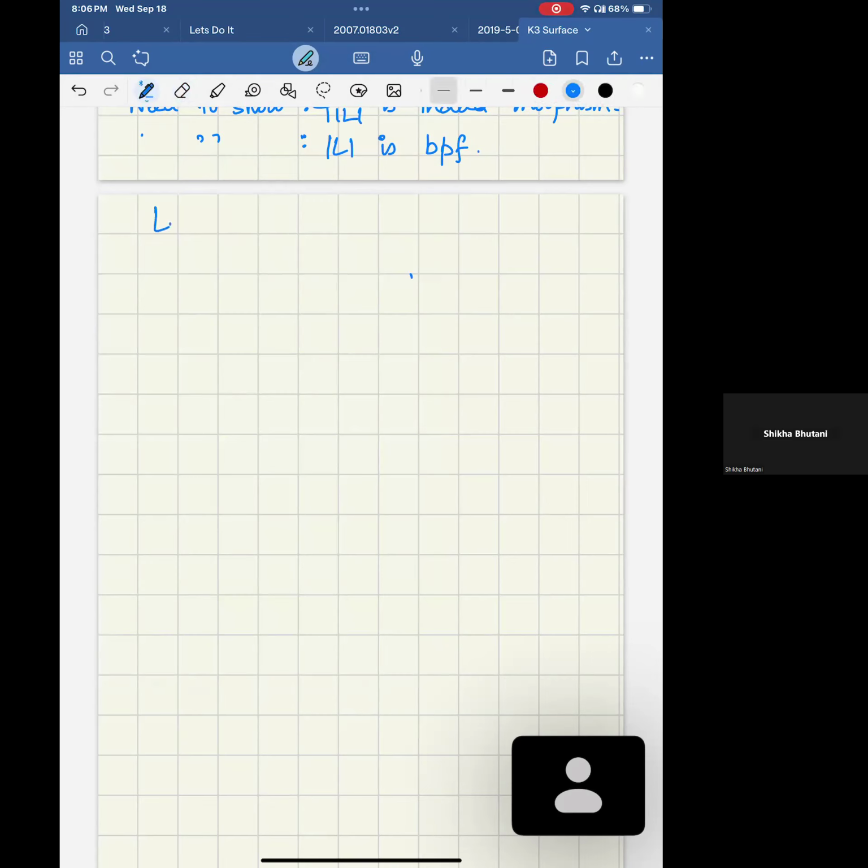So let me define Ln to be A plus nE, where n can be anything from 0, 1 till k. Okay? And what I want to claim for this Ln is that its first cohomology vanishes.